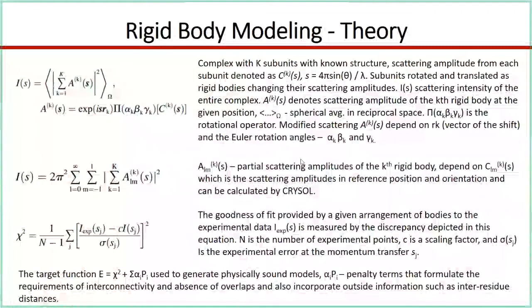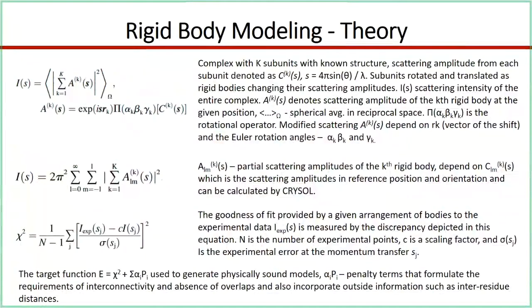This term here is the scattering amplitude for each subunit in a reference position, and s is basically 4 pi sine theta over lambda, which is a term you're now very familiar with.